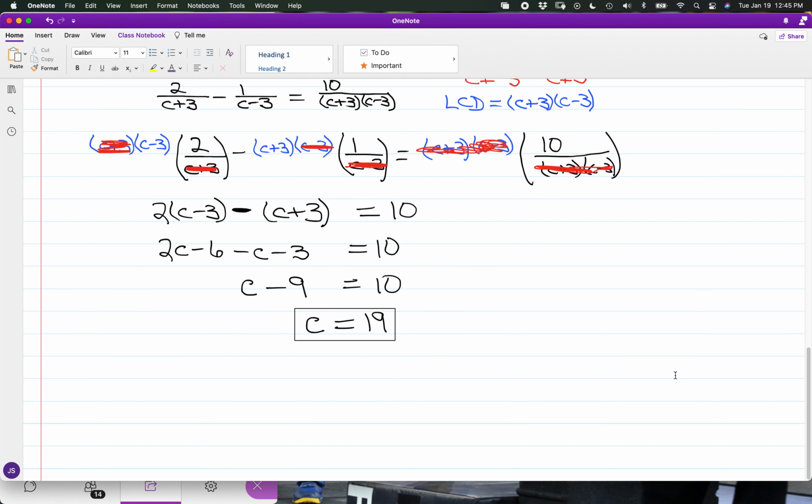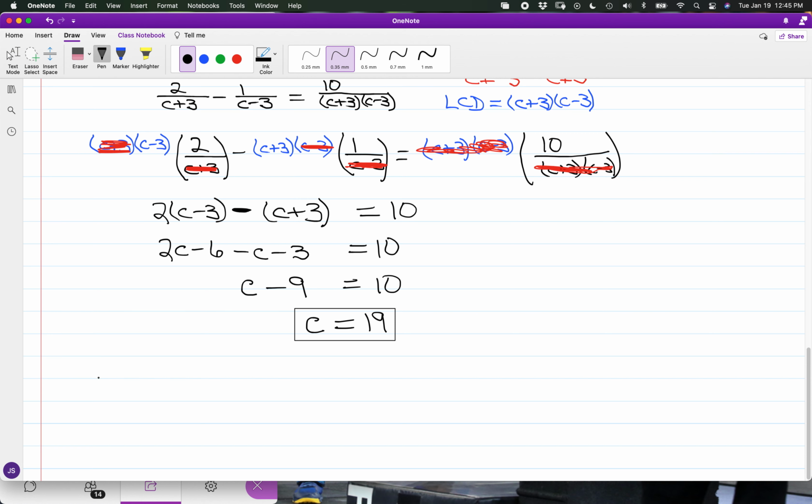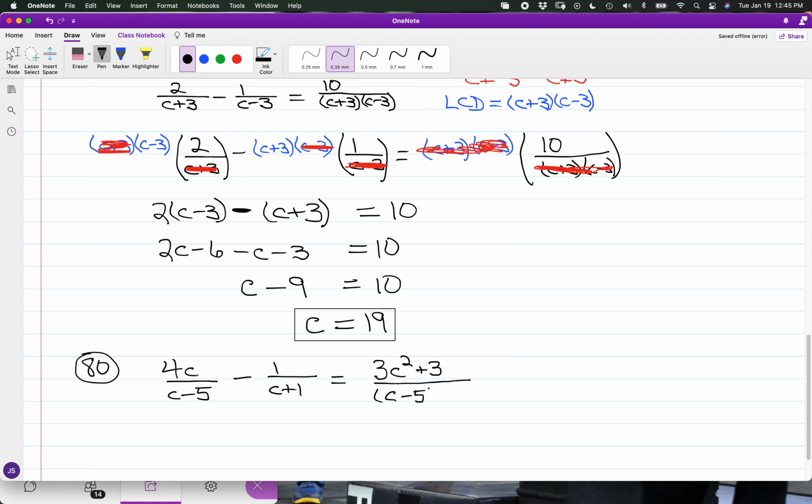For the setup here, you have 4c over c minus 5, minus 1 over c plus 1, is equal to 3c squared plus 3, all over the product of c minus 5 and c plus 1.